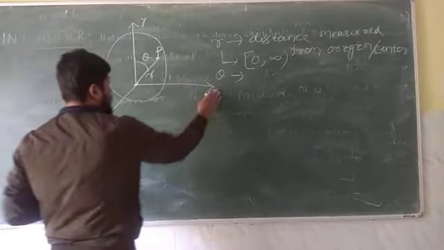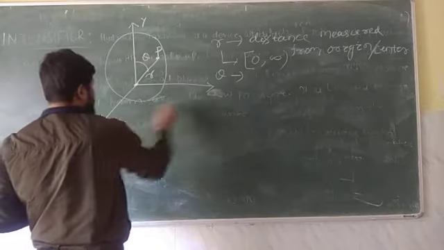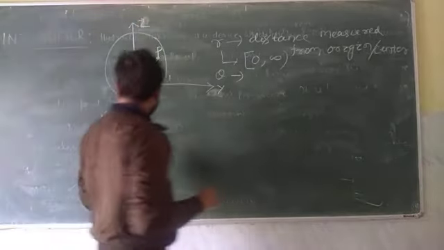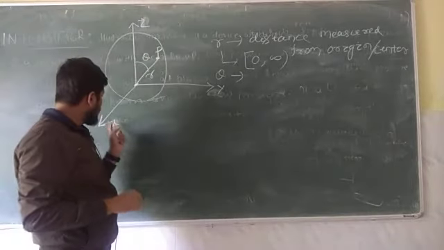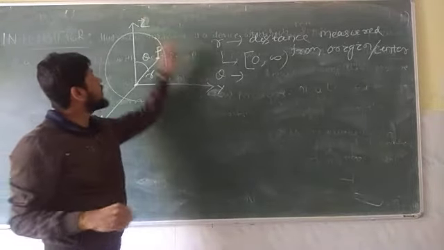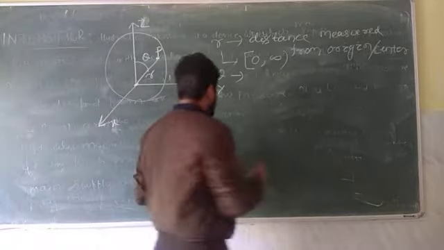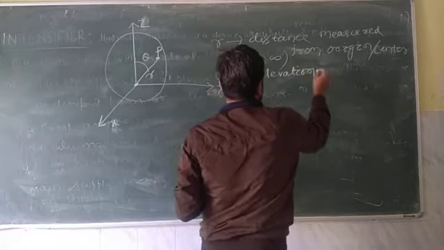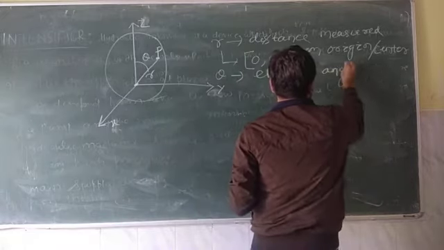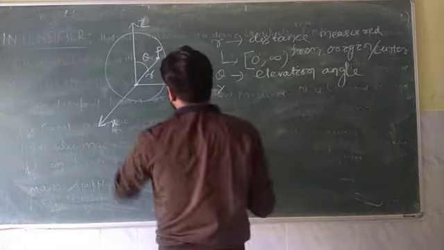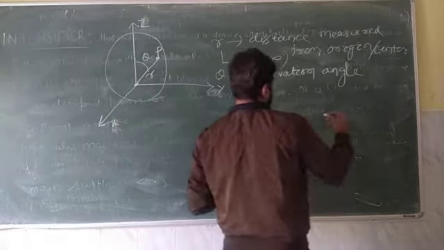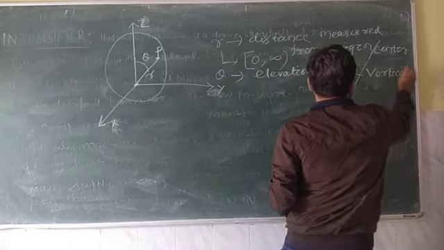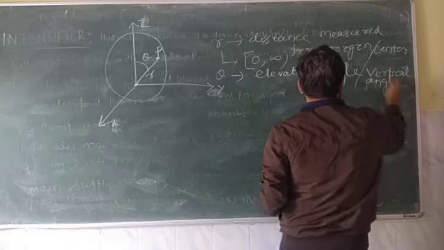So let me show here. This is your x, this is y, and this is z. Always you have to take the right-hand, anti-clockwise rule, x, y, and z. So theta is the elevation angle that is measured vertically, and that's why it is also known as the vertical angle.